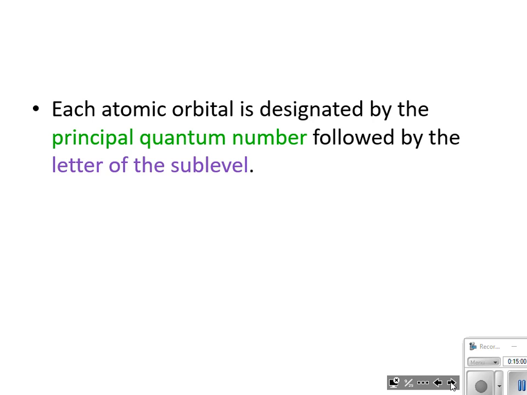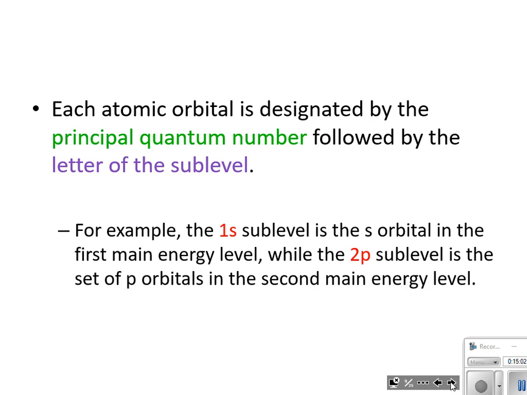So, for an example, the 1s sublevel is the s orbital in the first main energy level. The 2p sublevel is the set of 3 p orbitals in the second main energy level.